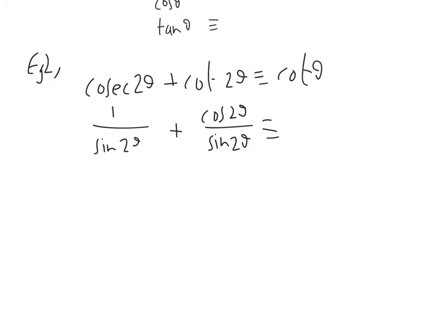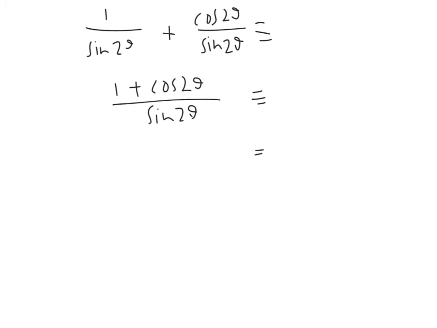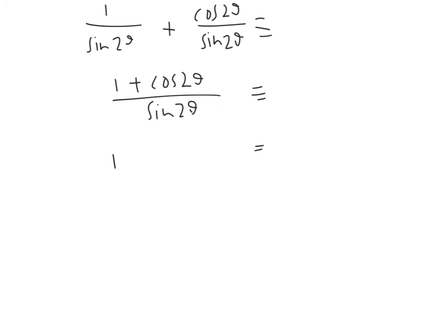So the numerator now is 1 plus cos 2 theta over sine 2 theta. And I can reduce, as I said, those; the denominator would be 2 sine theta cos theta. The numerator, like the last one, I would change into 2 cos squared theta minus 1.